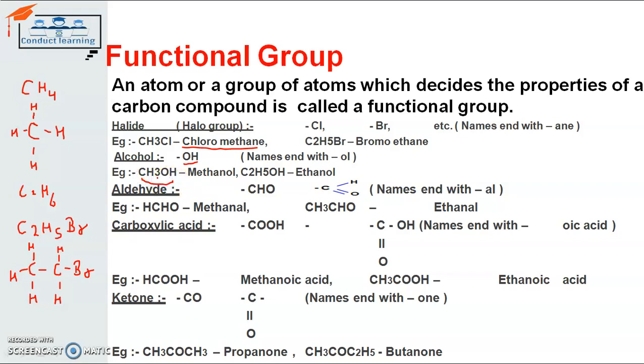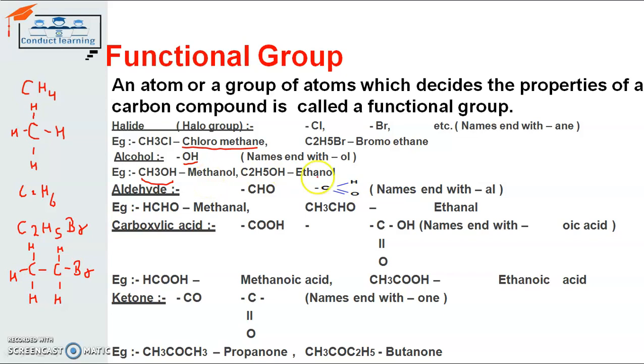We replace one hydrogen atom of methane with one functional group OH, and it becomes methanol. By doing this, carbon shares all 4 of its electrons either with hydrogen atoms or with the alcohol group, so it becomes methanol.